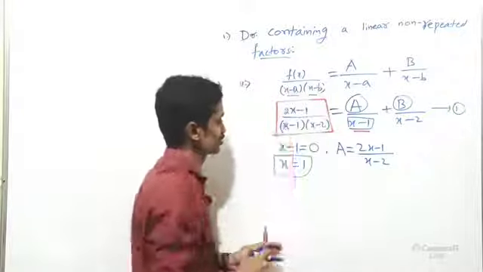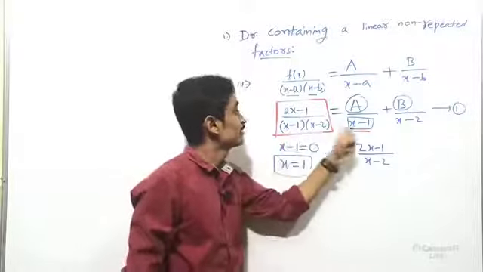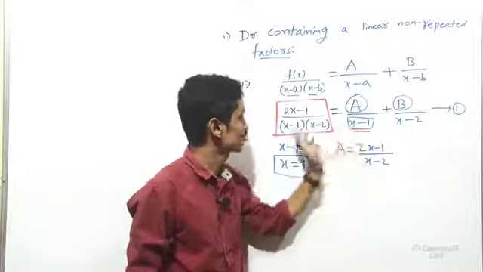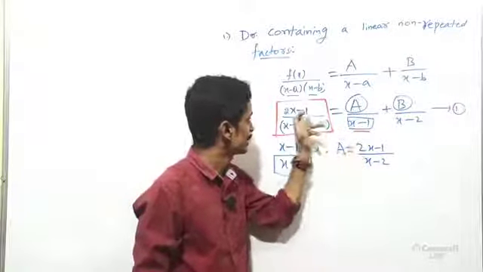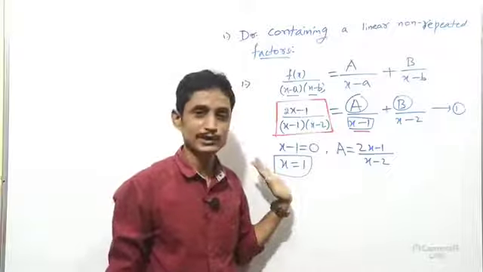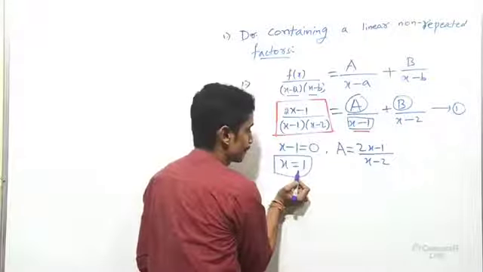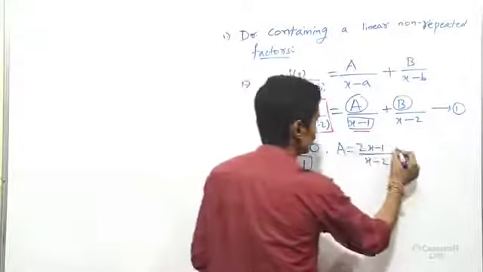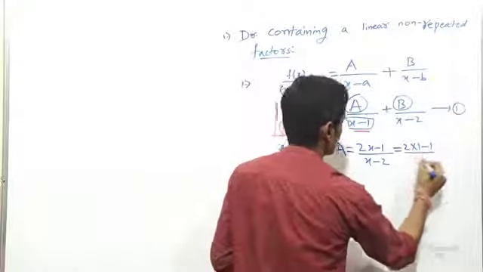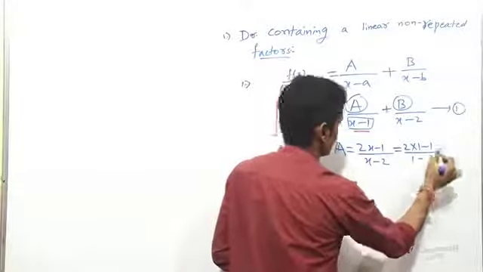The second step, you focus completely on the LHS part. This is the value of A. Excepting the denominator A has, x minus 1, I leave out the remaining part, 2x minus 1 divided by x minus 2. Got it? After this, we replace x equal to 1 here. 2 into 1 minus 1 divided by 1 minus 2.